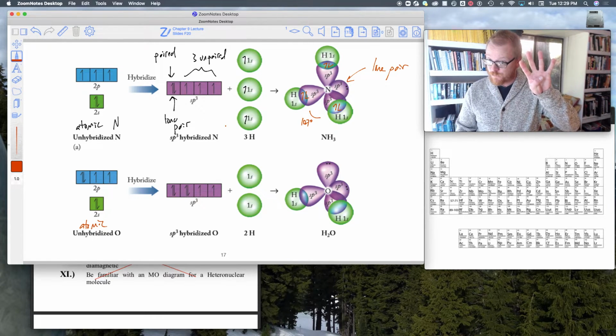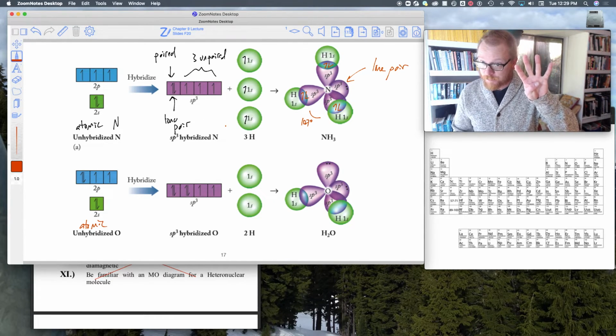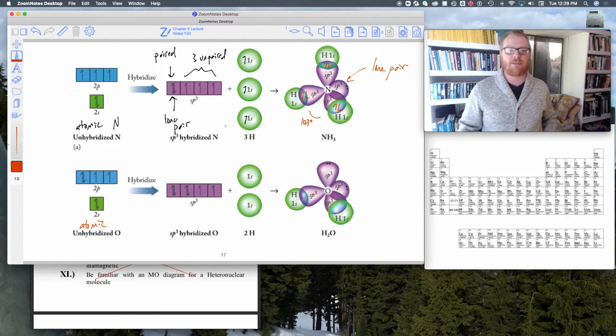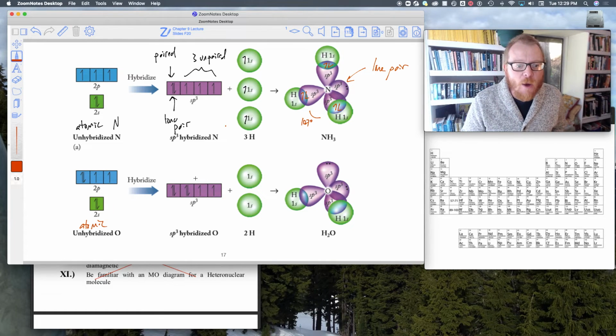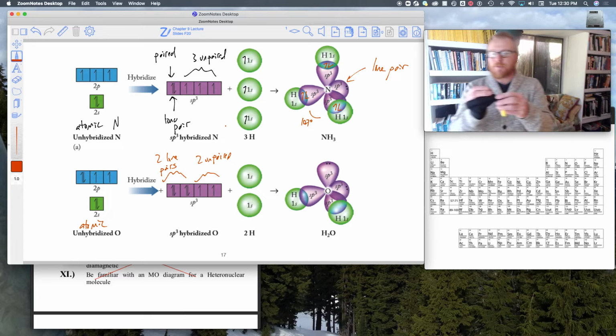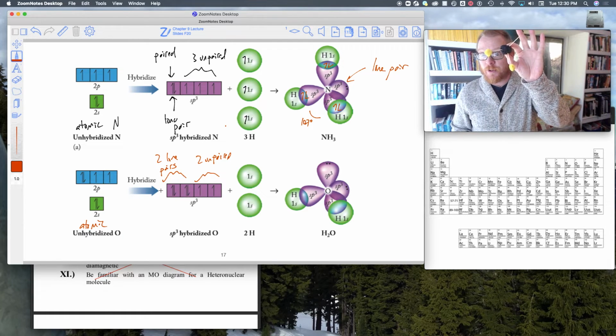So that makes us 4 possible geometries, 4 possible electron domains, okay? So now we can see that we've got 2 unpaired electrons and 2 lone pairs, which is exactly what we observe in water, right? There's those 2 lone pairs, and here is my 2 hydrogens, okay?